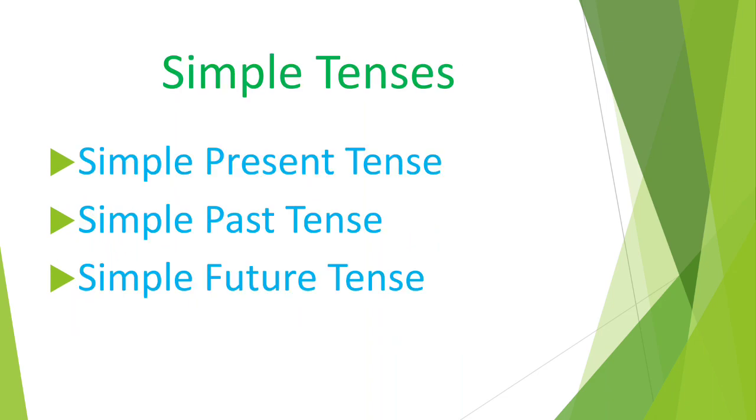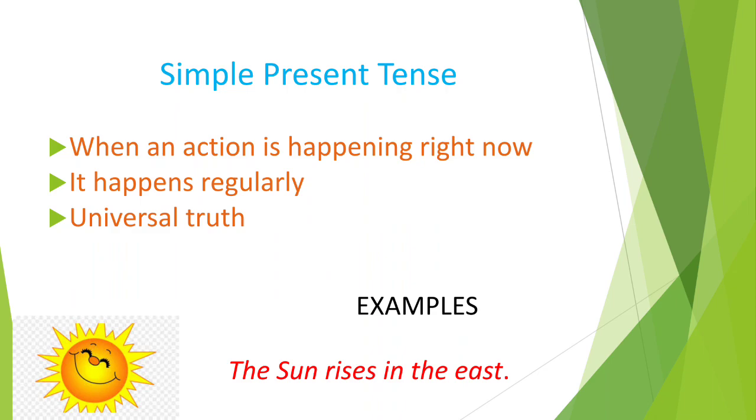Now we will move towards our topic. We will start from simple present tense, simple past tense and simple future tense. Simple present tense: when an action is happening regularly, and when we have a universal truth, the truth that will never change in any situation, we use simple present tense.